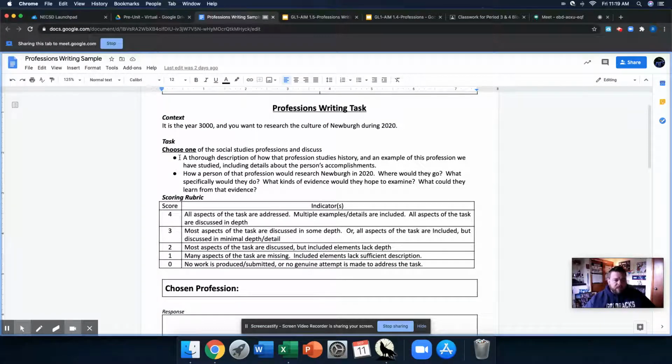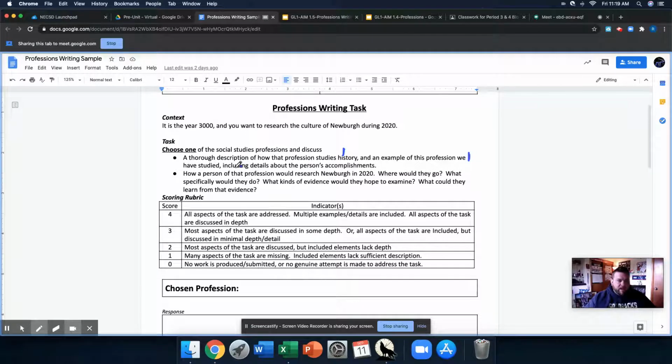One, a thorough description of how that profession studies history and an example of this profession we have studied, including details about the person's accomplishments. As we think about aspects of the task, a thorough description of how this person studies history is one, right? An example, that's singular, is another one.